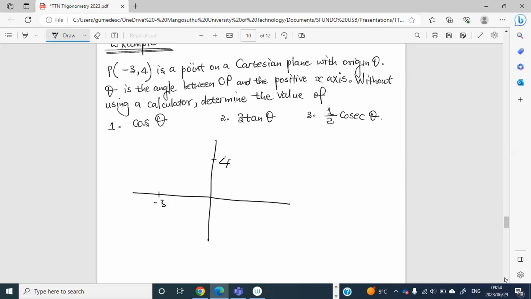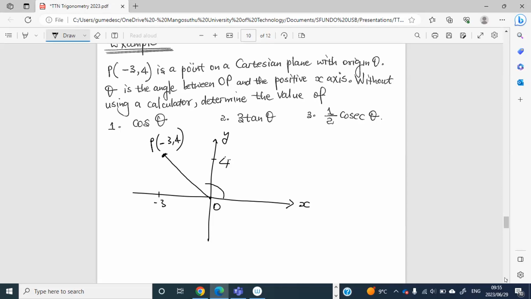So we want to find trigonometric ratios for a point on the second quadrant. The center is O, the origin. Theta is the angle at OP. The point P is here, -3, 4, and the line OP is from the center to the point P. The angle is always measured from the positive x-axis.